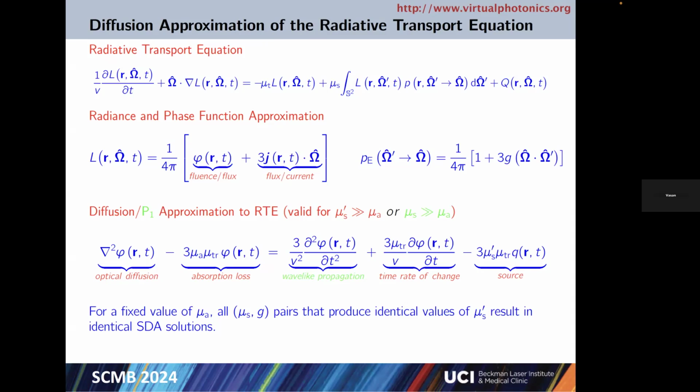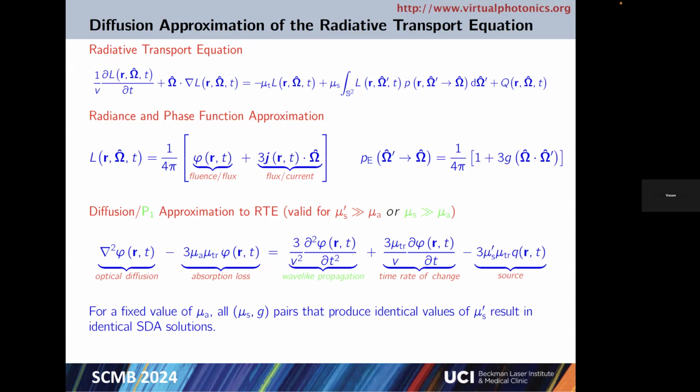Which shares some commonality with the classical diffusion equation, which has this Laplacian term and a source and a first order derivative. But you get a couple things that are unique to light transport. One is this absorption loss term, which is not there in a classical diffusion equation, like a heat diffusion equation.